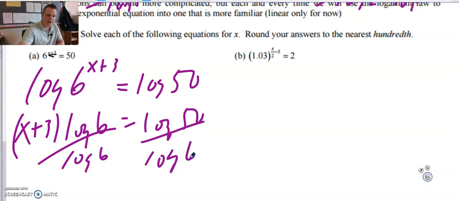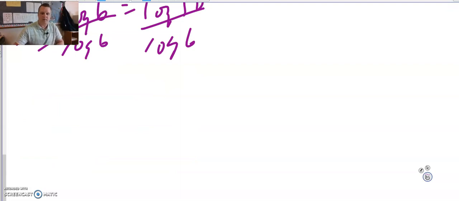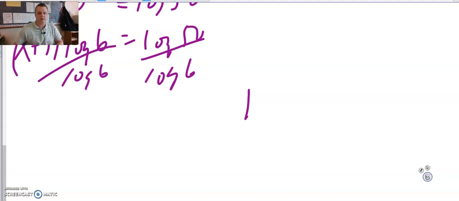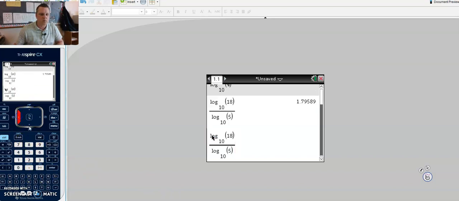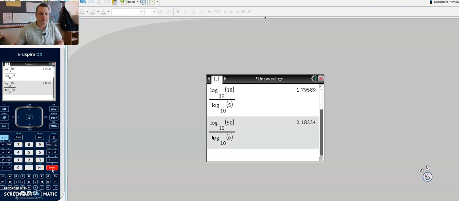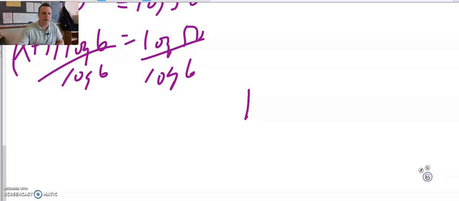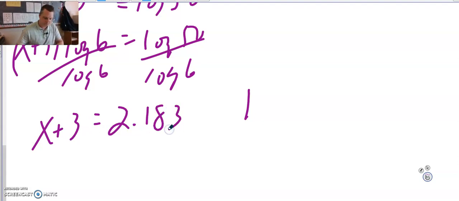So let me get my calculator out again. Log 50 over log 6, enter, 2.183. So x plus 3 equals 2.183.